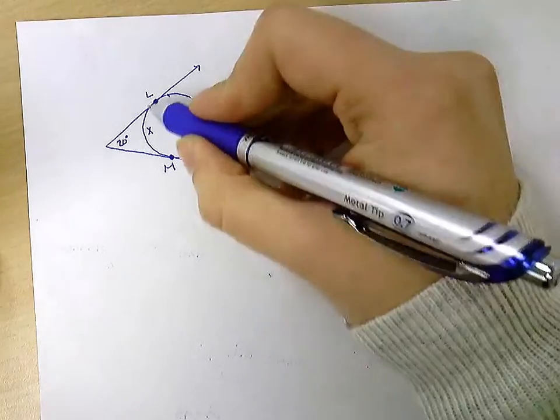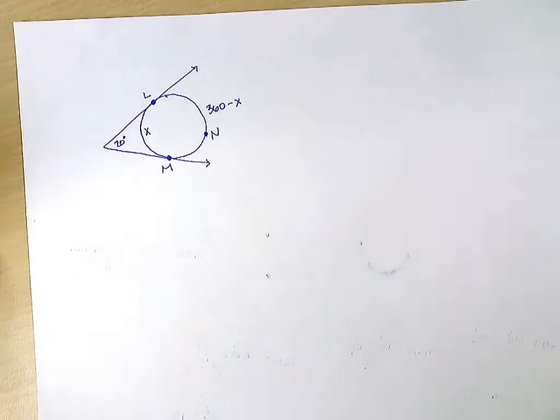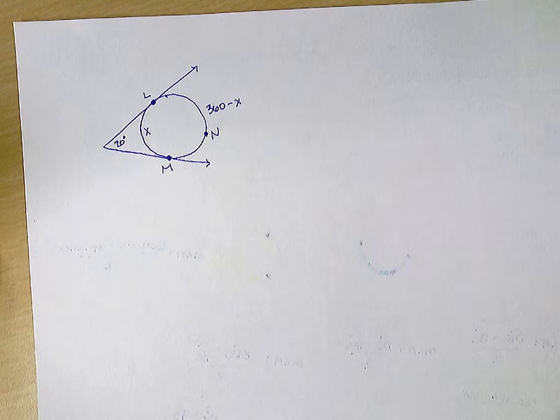So to label this larger arc, I would say this is 360 minus X. So if you see those problems, label the arc that you're looking for as X, whichever one it tells you to find, and then your other arc as 360 minus X. Okay, and then you would be able to set that up and solve.